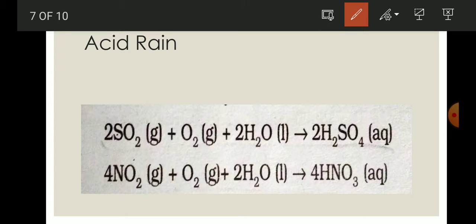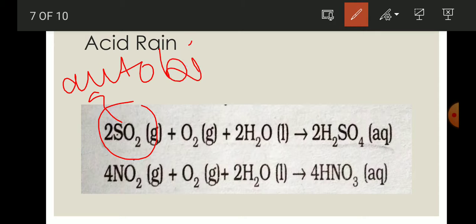Okay, so students, this sulfur dioxide is released from automobiles or from factories. Now this oxygen is already present in our surroundings, that we are breathing in.